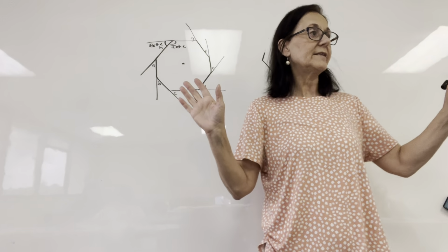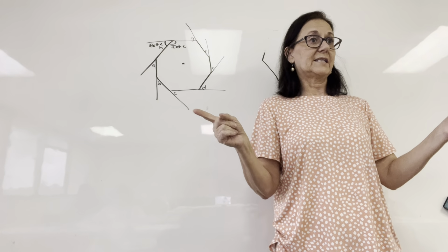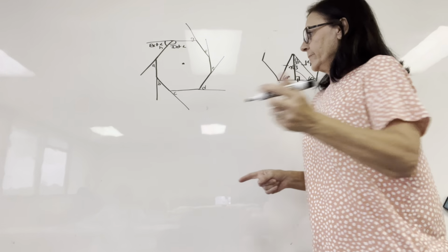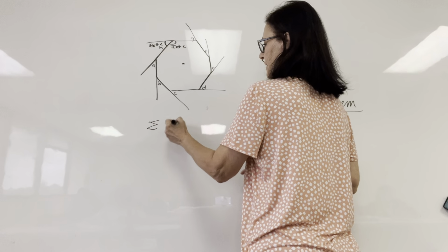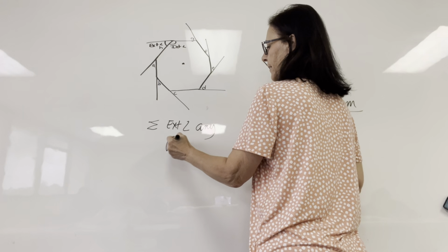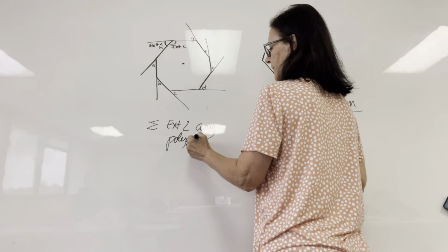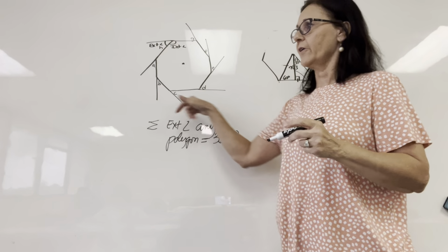Doesn't matter how many sides there are. The sum would be 360. All right, so the sum of exterior angles of any polygon, it doesn't have to be regular, any polygon, is going to equal 360 degrees. The sum of the exterior angles going around.